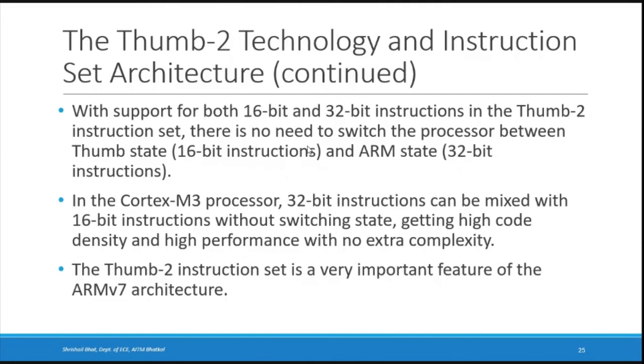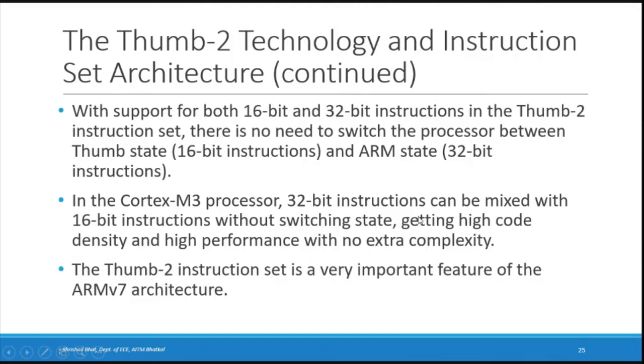So as we have support for both 16-bit and 32-bit instructions in the Thumb 2 instruction set, there is no need to switch the processor between ARM state and Thumb state. ARM state means 32-bit, Thumb state means 16-bit. So you will always be in Thumb state only. In Thumb state itself, you can mix the 32-bit and 16-bit instructions without state switching, thereby getting higher code density and high performance with no extra complexity.